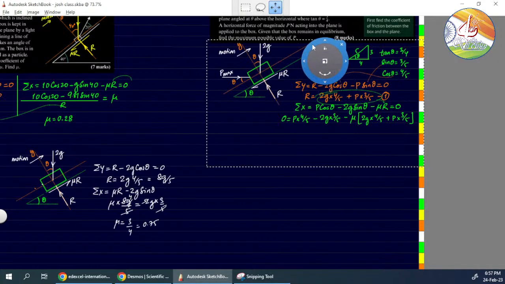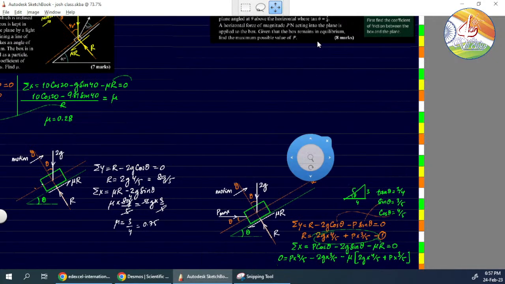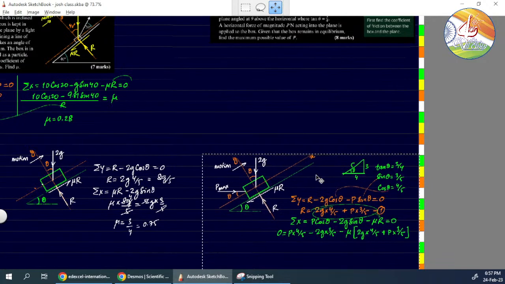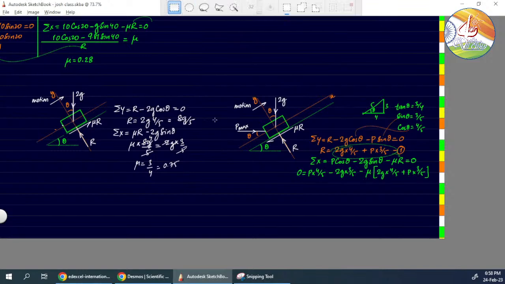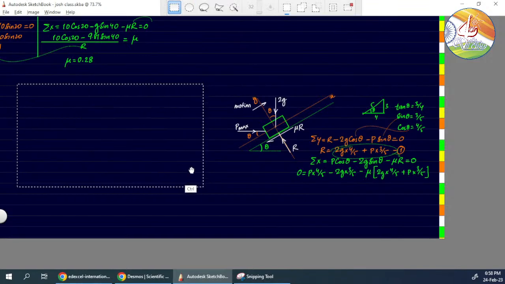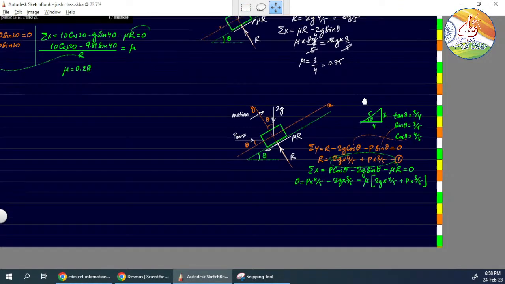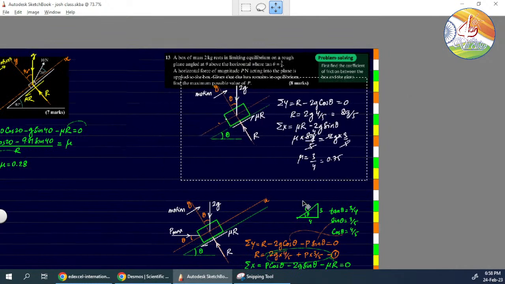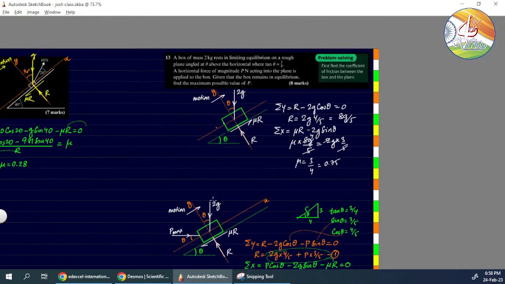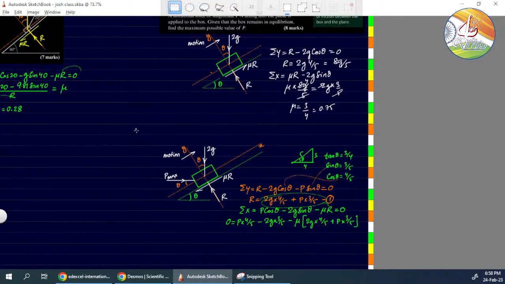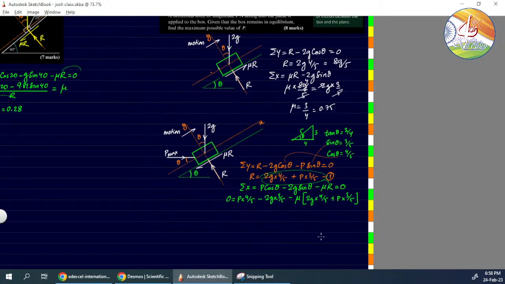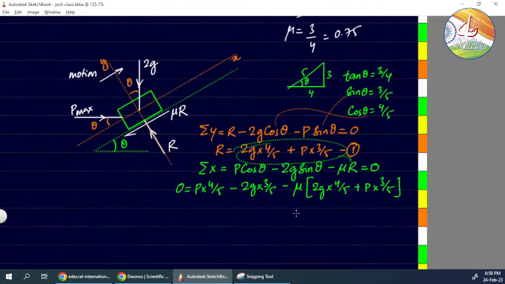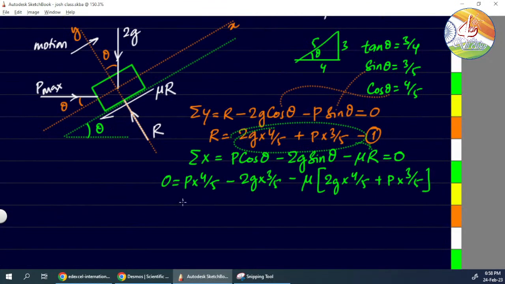So first this should come below, that should come up, this should come here. Okay, this will follow that, and here we need to continue. So we need to use the value of mu here. So let's continue here.